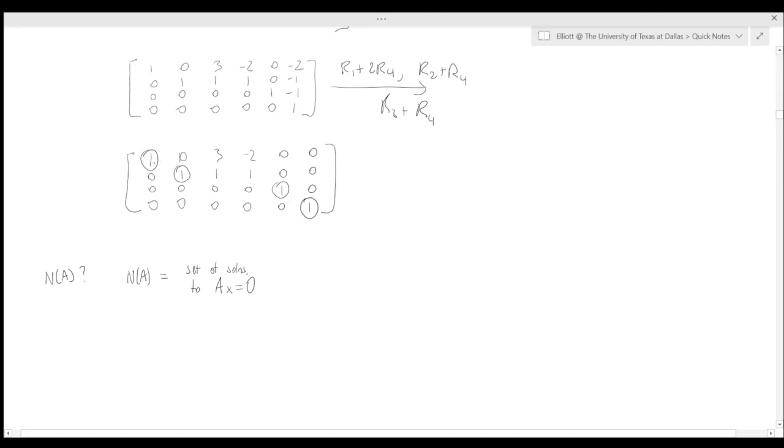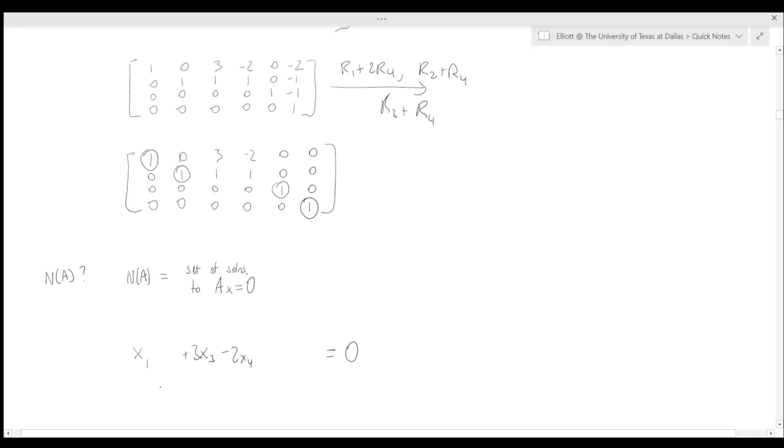So if I now want to solve this equation to find the solutions and get the null space, I would do as I did before, write out the corresponding system of equations. So first, in the first row, 1x1 plus 0x2 plus 3x3 minus 2x4, and we're going to set it equal to 0 for the null space. So remember, null space always has 0 on the right-hand side.